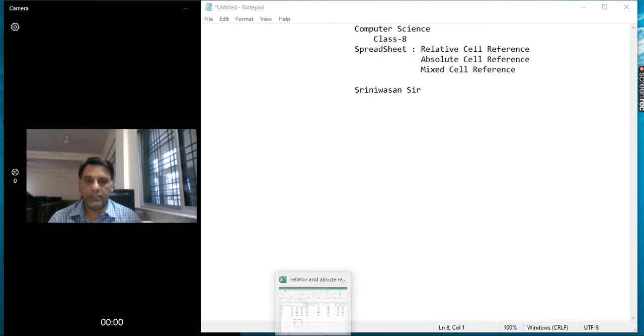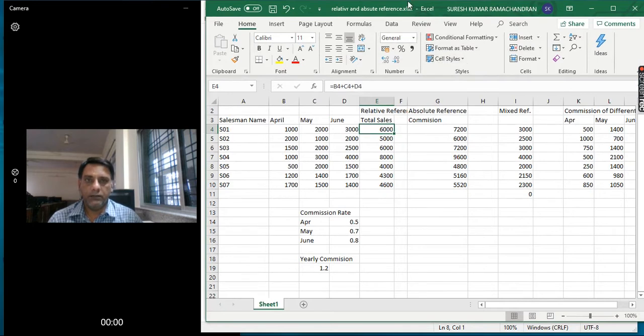So look at this one example where a salesman has different sales in different months like April, May, June, and their commission rate is below. Here is the commission rate: April 0.5. These are the commission rates, and as well the yearly commission, that is 1.2.